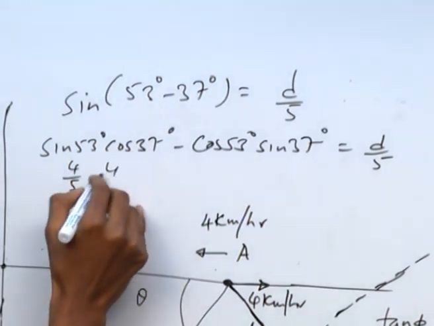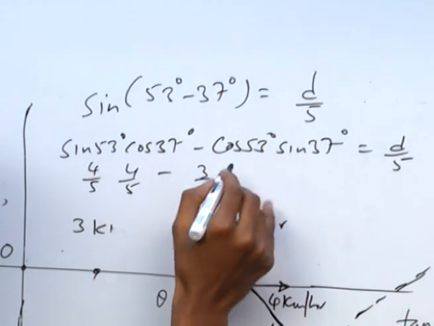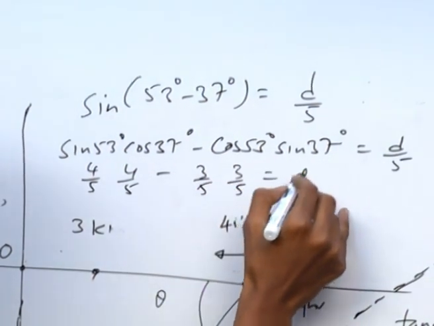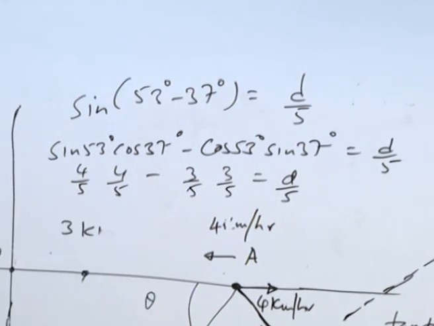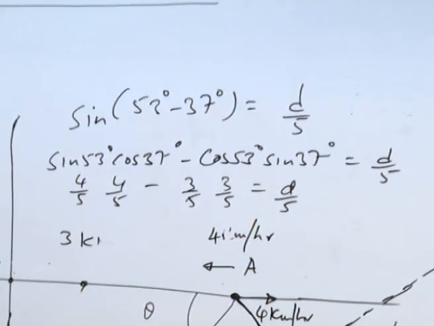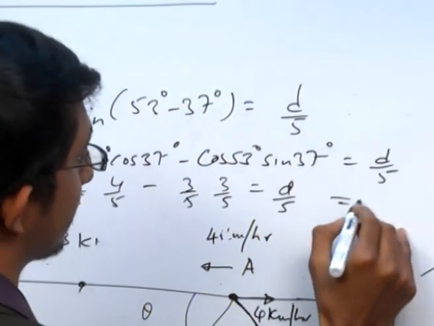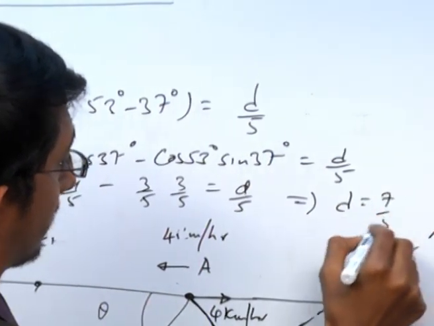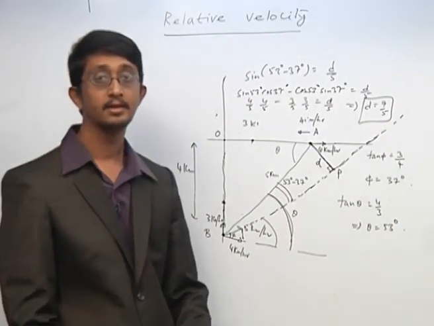So is cos 37. That's also 4 by 5. Cos 53 is 3 by 5. Sine 37 is 3 by 5. 4 square is 16. Minus 9 is 7. 7 by 25 is D by 5, which implies D is 7 by 5. This is precisely the answer that we got in the previous method.